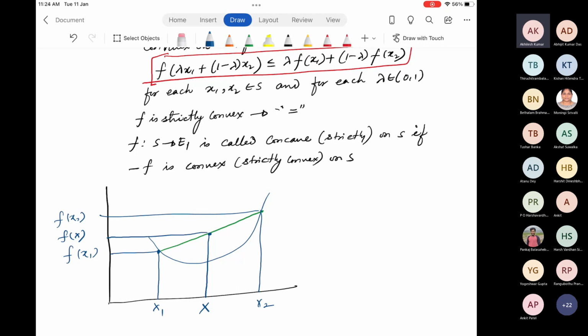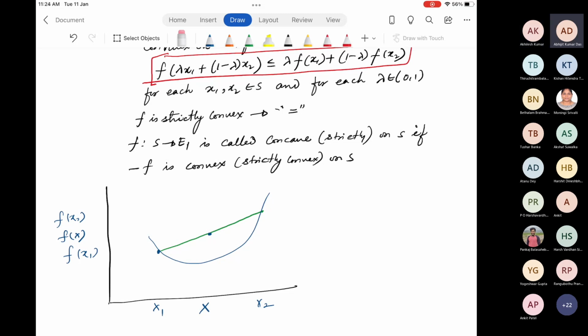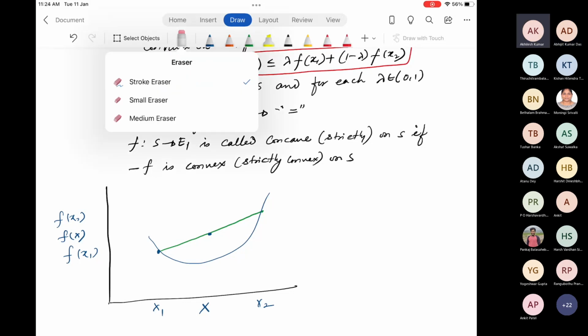You have drawn one curve, and the x1 point is on top of the curve, the x2 point is also on top of the curve, but f x is not on top of the curve. Actually, this is the f x2.